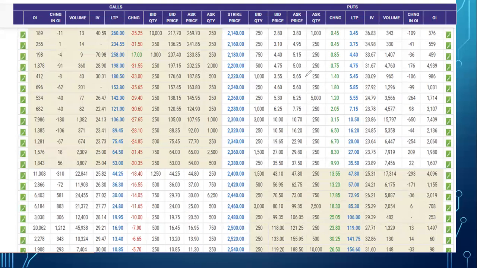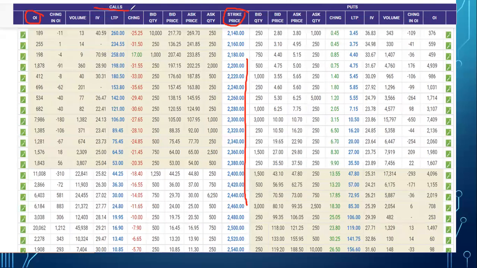I start with the basic that the center piece is the strike price, and all the options are arranged in ascending order, the smallest one at top, the largest one at the bottom. After that, the first thing which I want to see is the open interest.